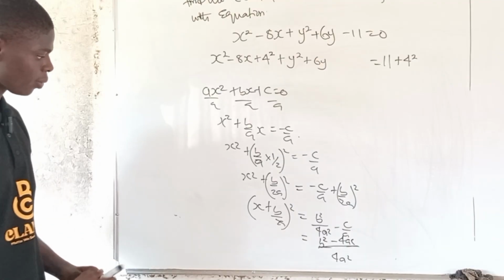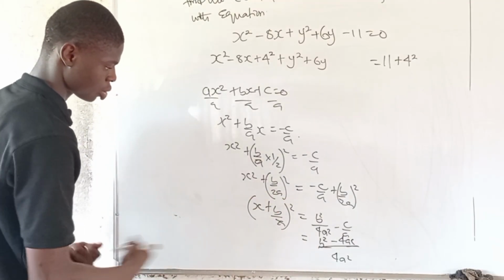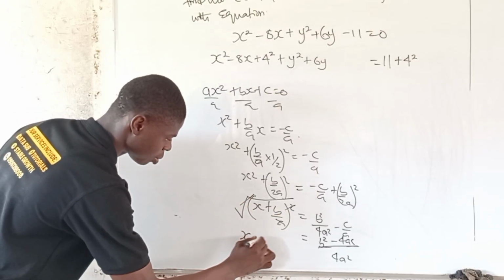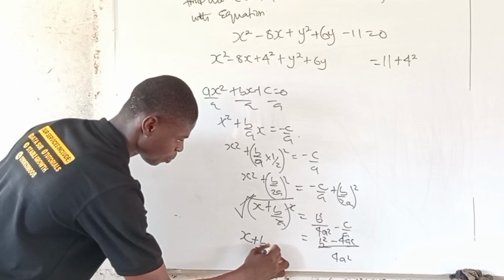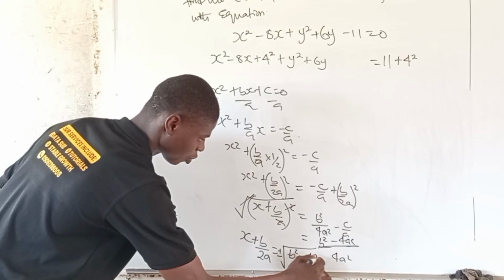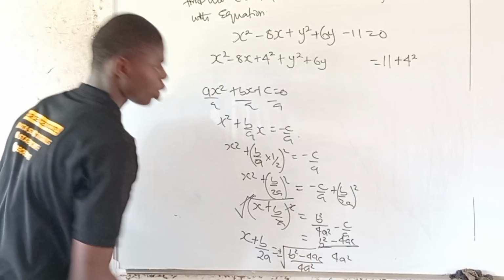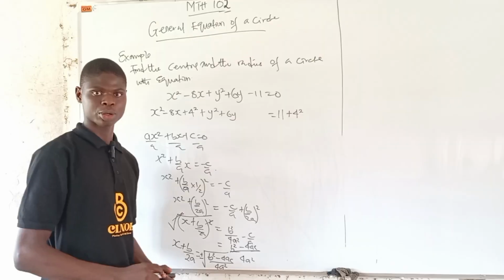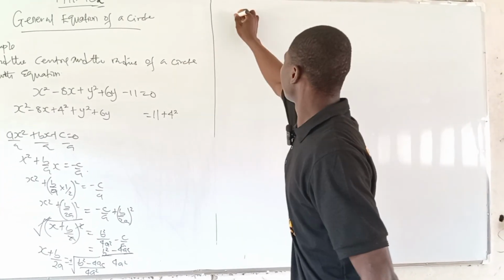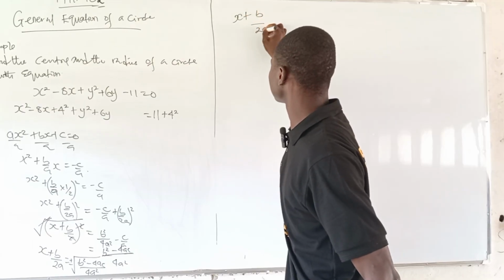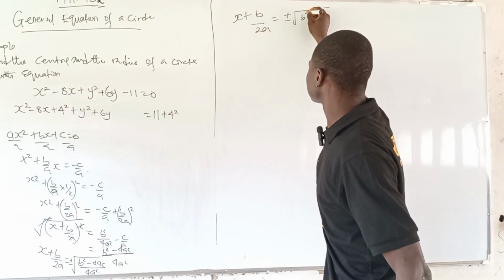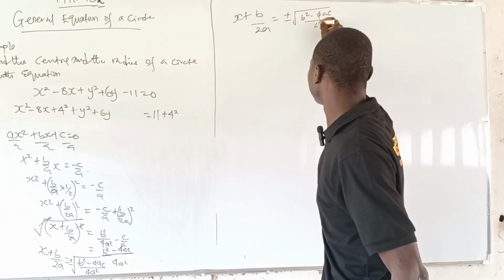Just follow me carefully. If I introduce my square root to cancel both, I'm going to have a square root here. The square root is going to go with this. So I'm going to have x plus b over 2a equals the square root of positive negative b squared minus 4ac over 4a squared.